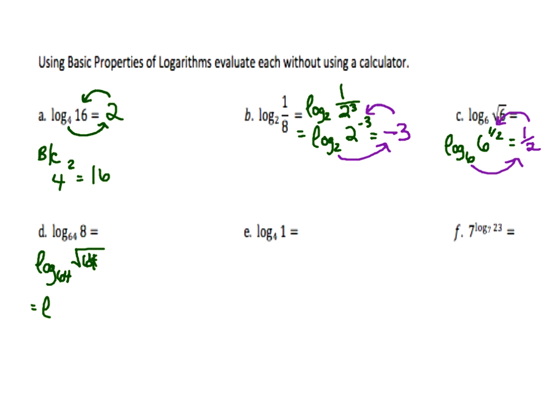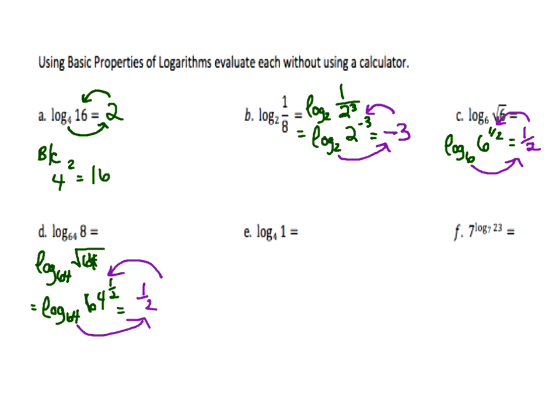I could change that further and say log base 64 of 64 to the 1/2 power. And now the question becomes, what can I raise 64 to get 64 to the 1/2 power? And that is 1/2.